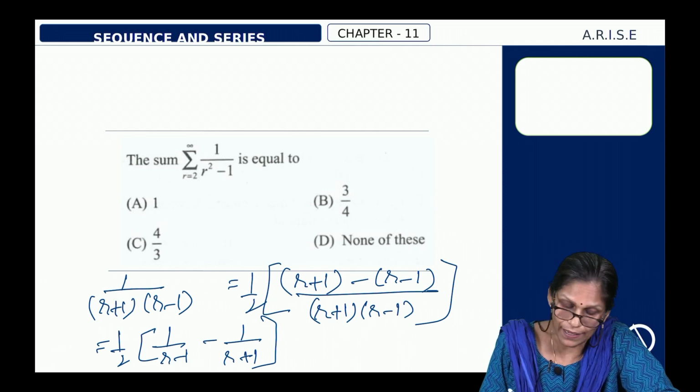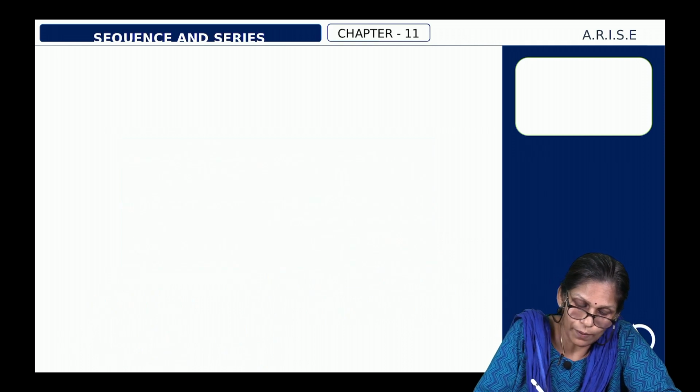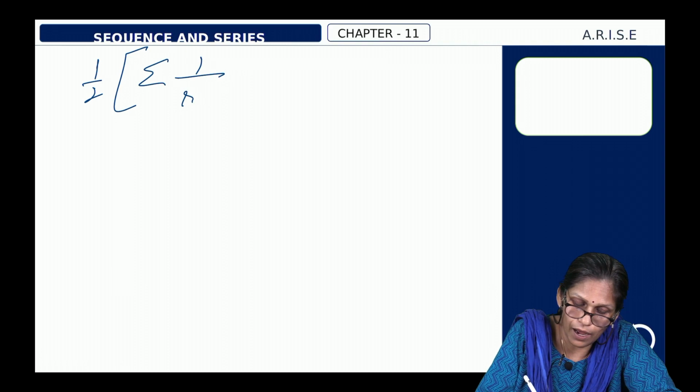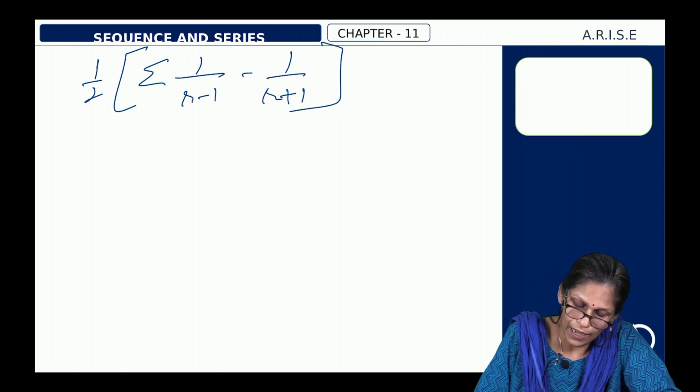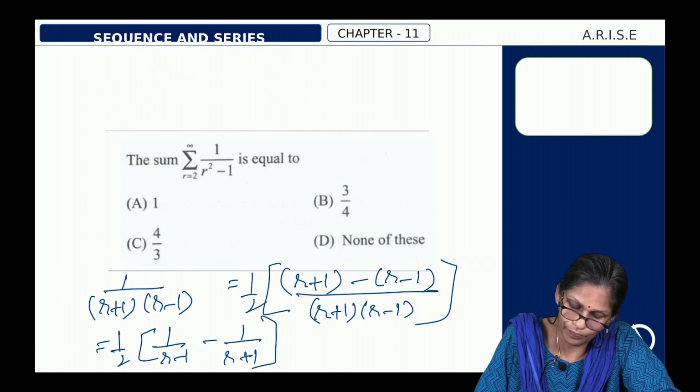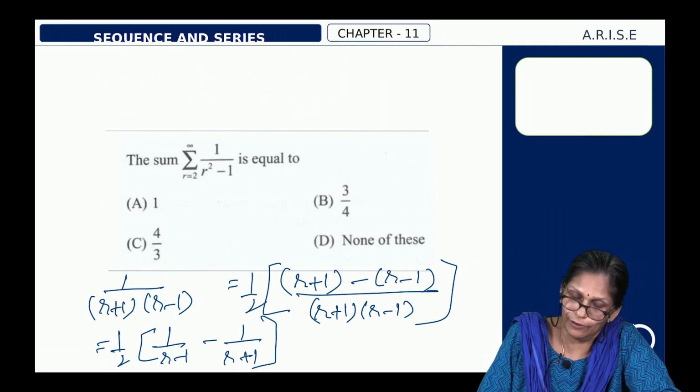Now you have to apply sigma. What is that? 1 by 2 into sigma of 1 by r minus 1 minus 1 by r plus 1, with r ranging from 2 to infinity.